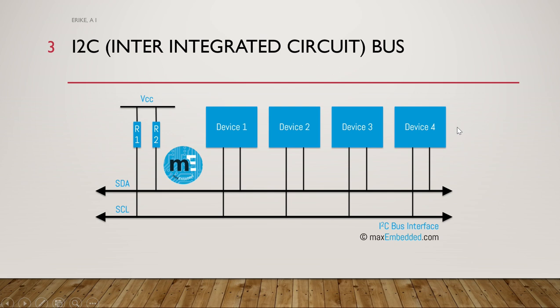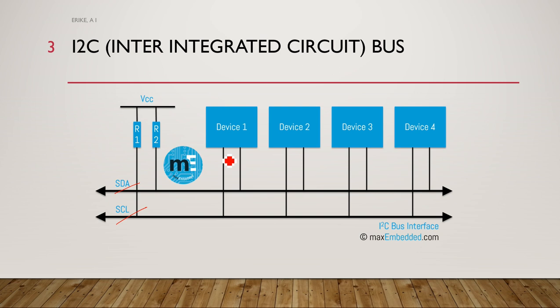So next we talk about the inter-integrated circuit bus, which is called the I2C bus. When you look at the I2C bus, you'll find the SDA and then you have the SCL. The SDA is the serial data line and the SCL is the serial clock line.